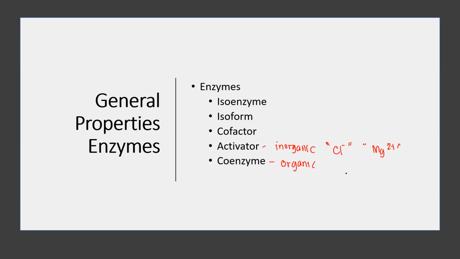Now, when we say coenzymes, these are organic compounds. The best examples are NAD and pyridoxal phosphate.